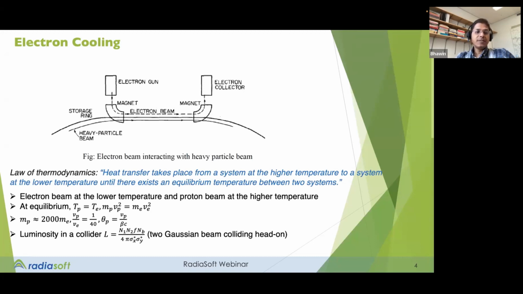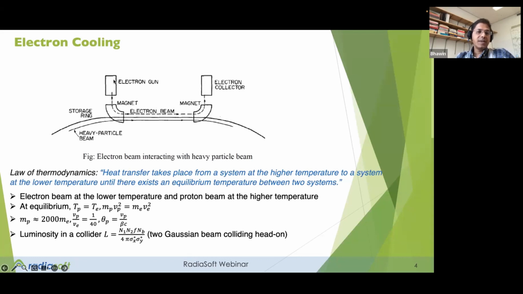The basic principle of thermodynamics is that heat transfer takes place from a system at a higher temperature to a system at a lower temperature until there exists an equilibrium temperature between the two systems. Here, the electron beam is one system at lower temperature, and the heavy particle beam is another system at higher temperature. To keep it simple, I'm taking an example of a proton beam.